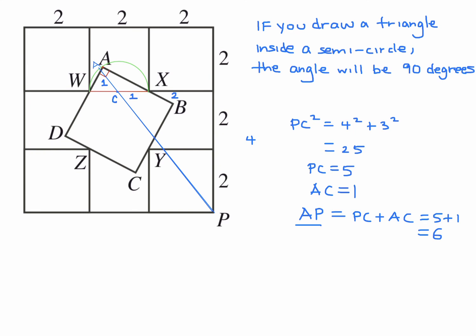The first extreme case scenario is if A was all the way here, all the way at the end, right there. If that was the case, that means the line from P to A would be from here to there. This is, of course, an extreme case scenario where A is basically where W is.